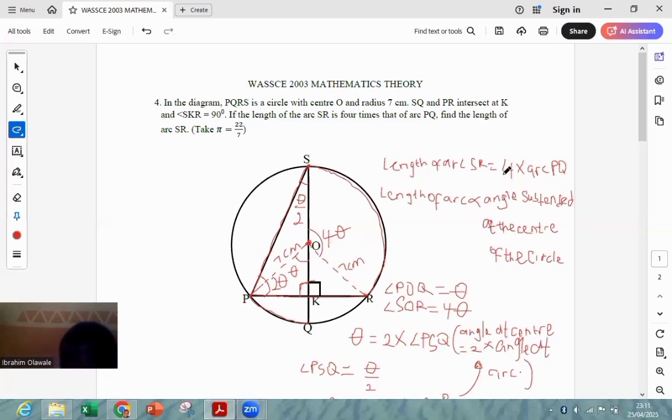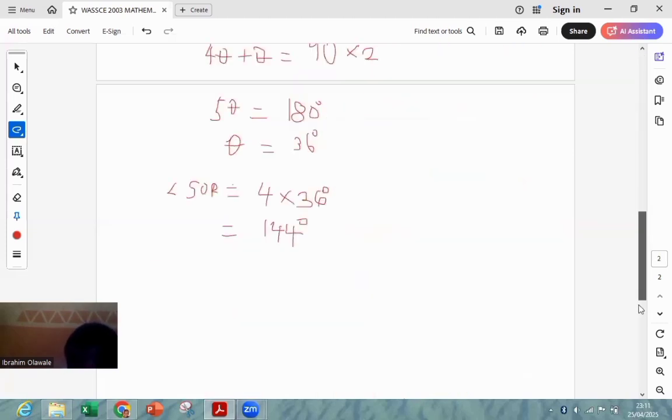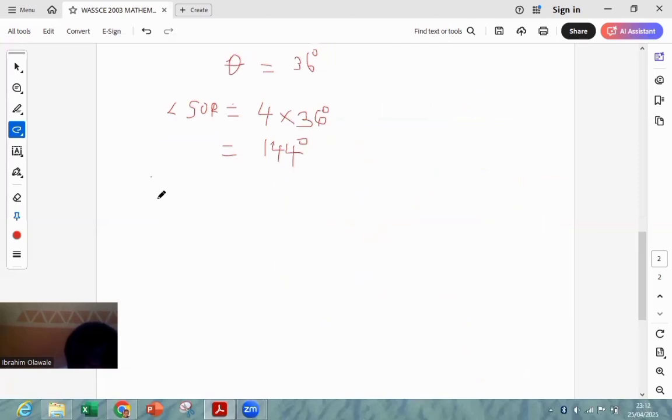So from here we can get the length of arc SR. We know that length of arc is given by this formula. The length of arc SR is given as theta over 360 times 2 pi r.